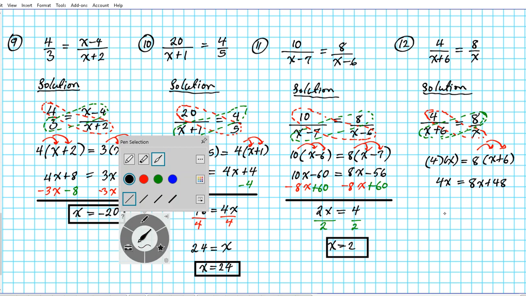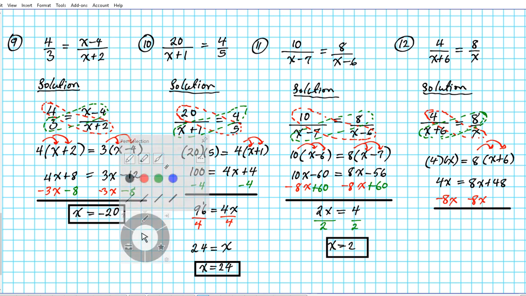Now to get x to the left side of the equation, we're going to proceed to subtract 8x from both sides. Subtract 8x. And let's see, what does that give us? It gives us 4x minus 8x is negative 4x.